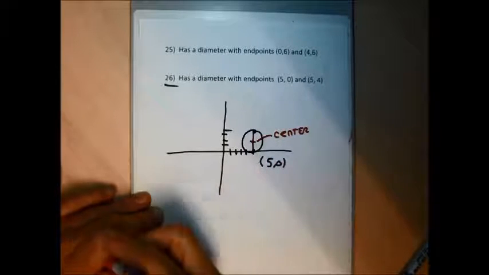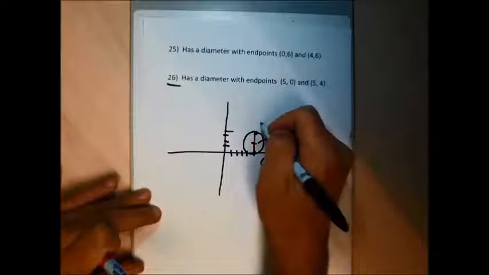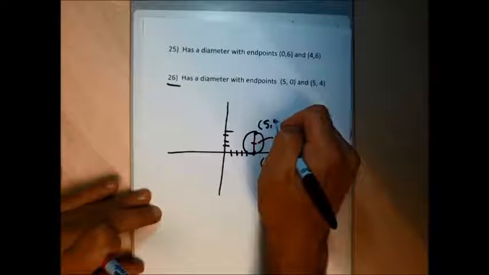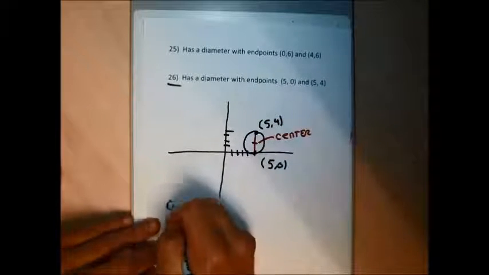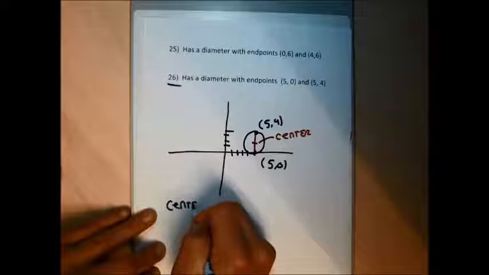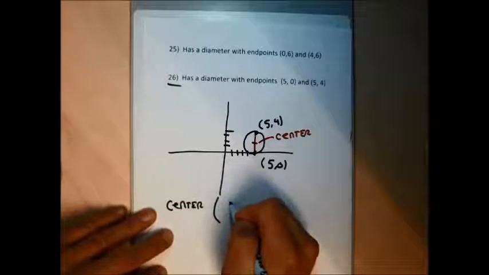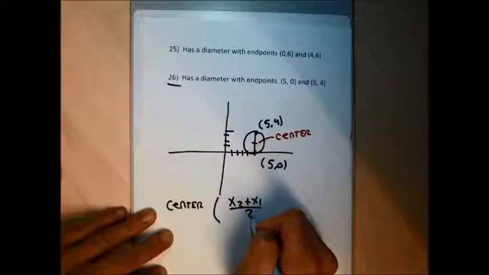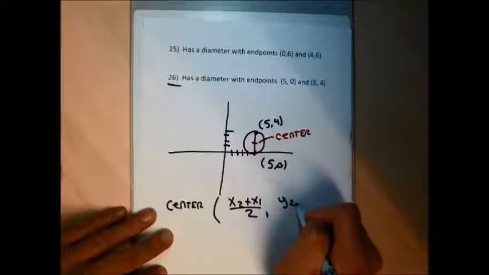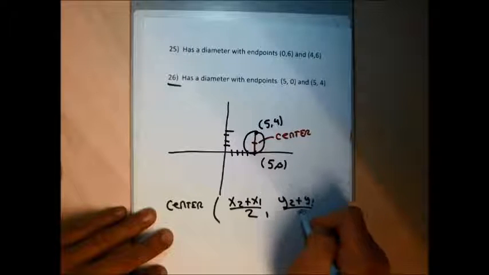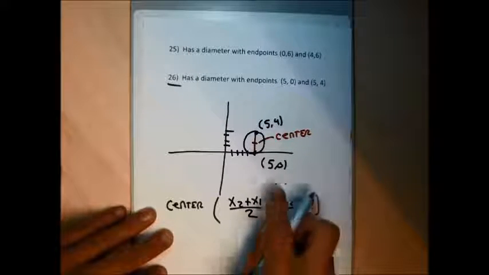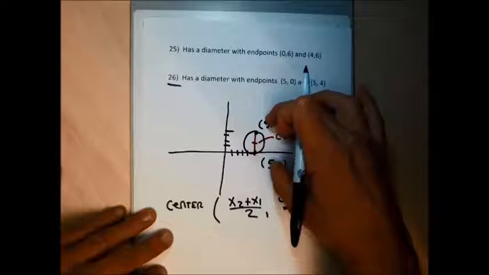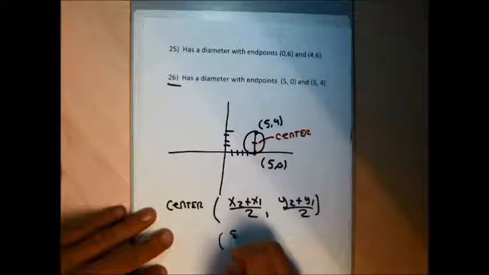My center is the midpoint of the line segment that connects the points (5, 0) and (5, 4). I'm going to get it by using the formula ((x2 + x1)/2, (y2 + y1)/2). For x2 and x1, they're both going to be 5s, so it's going to be (5 + 5)/2.